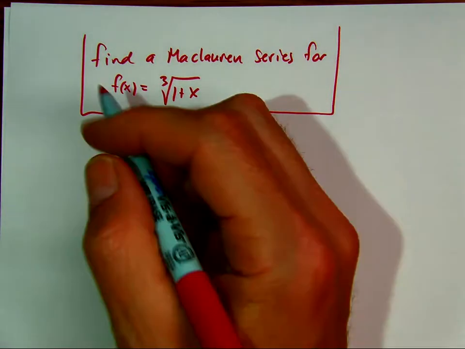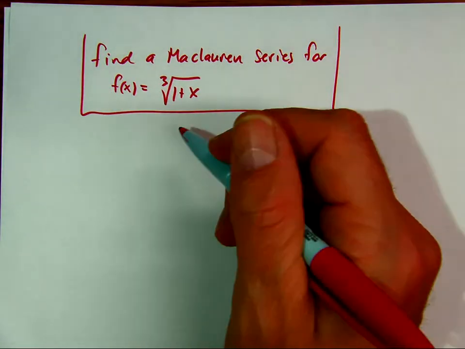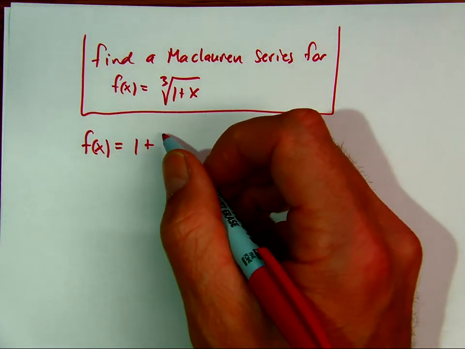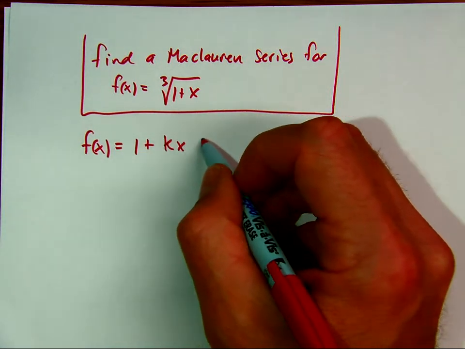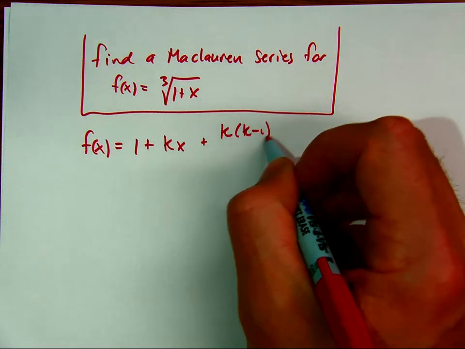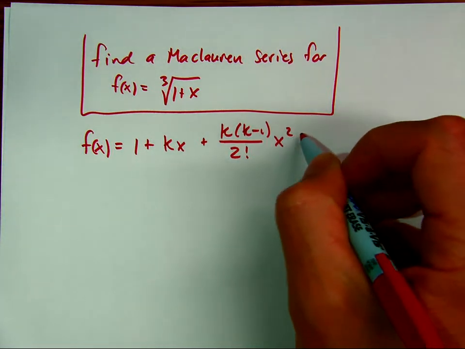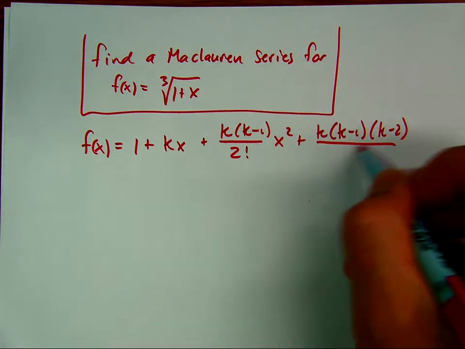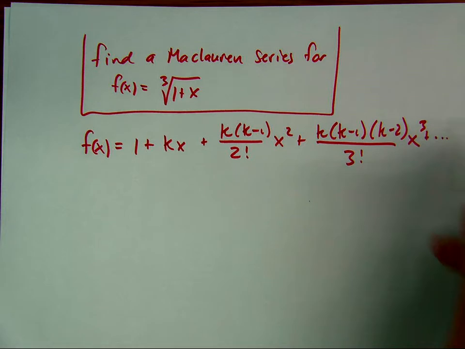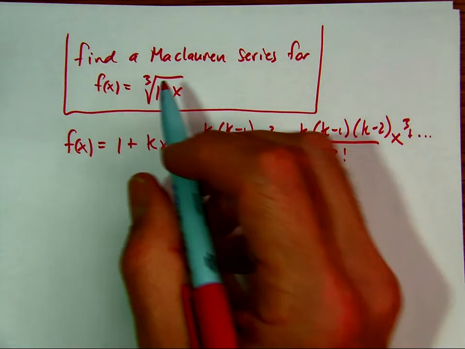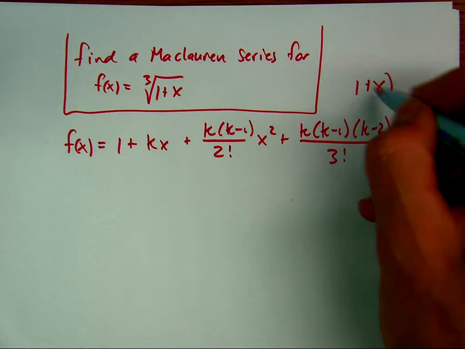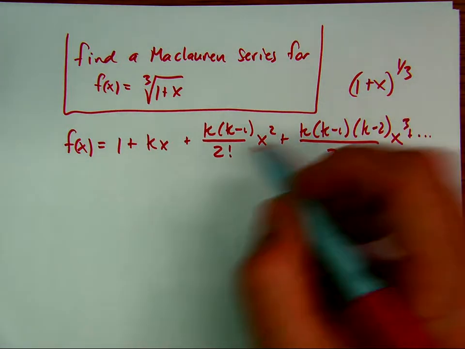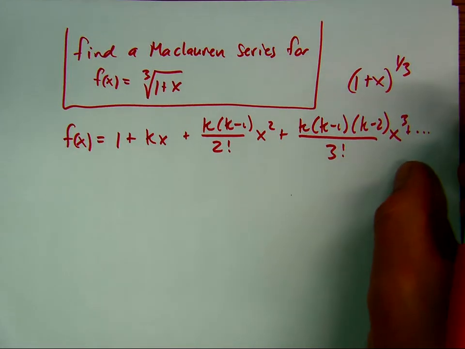Alright, and so we'll just use that same formula, with k being 1/3, the third root. K is 1/3, and now we can just substitute that in here.